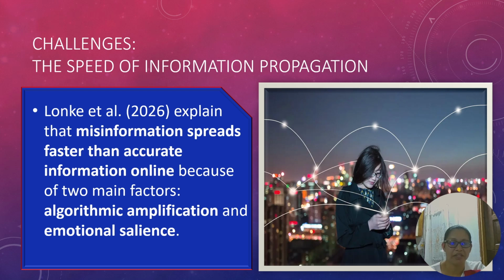Now, what are the main challenges of misuse of information? Well, the speed of information propagation. Long et al. 2026 explained that misinformation spreads faster than accurate information online because of two main factors: algorithmic amplification and emotional salience. Now, this is where social media algorithms often promote things that get strong reactions, such as anger, fear, or shock.